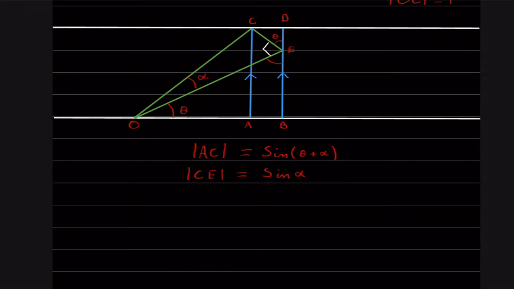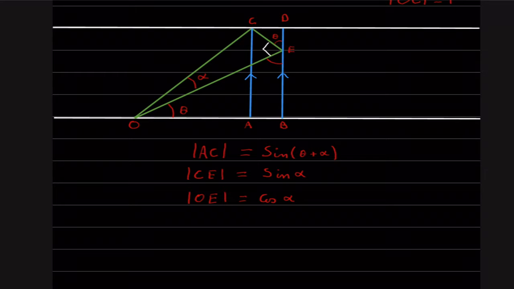We can also pick apart the line OE. Because this is the adjacent line to alpha, we can say OE is equal to cos alpha.